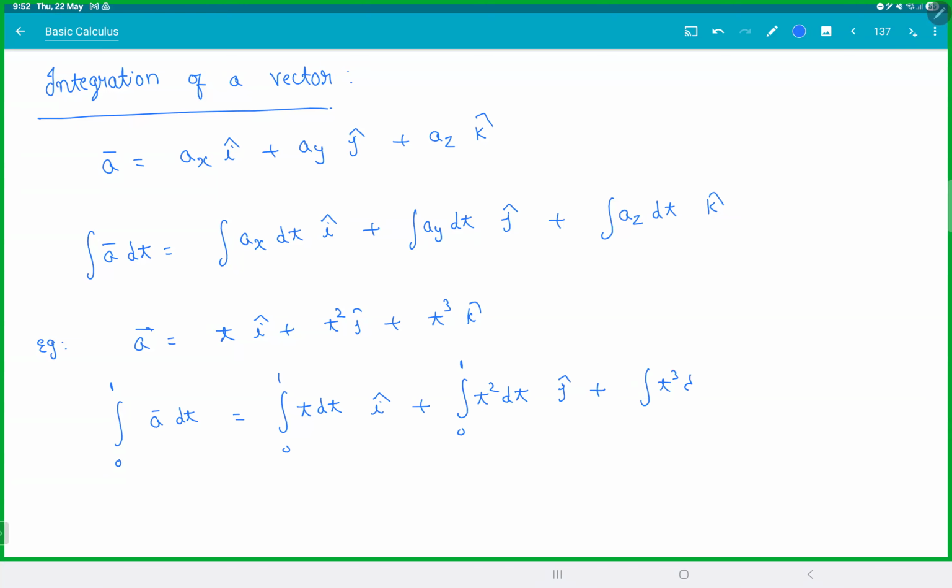Integral t cube dt from 0 to 1, put k cap here. That is t square by 2, so half i cap; t cube by 3, so 1 by 3 j cap; and 1 by 4 k cap. Is this clear, everyone? It's not much different, you just integrate each component, put i cap, j cap, k cap, and you're done.